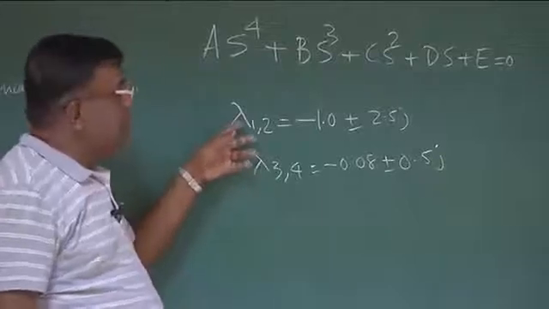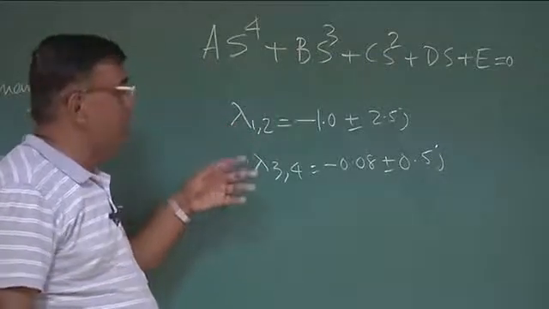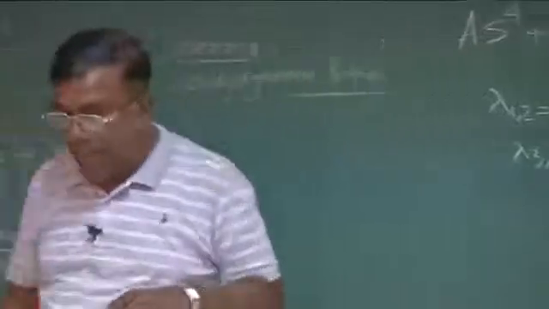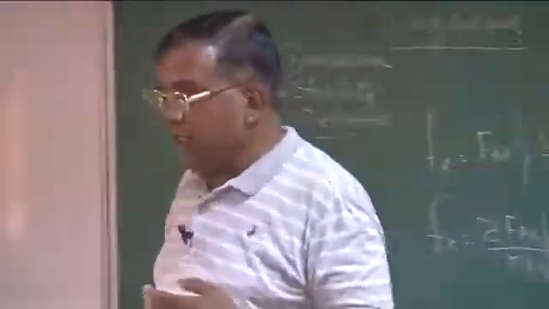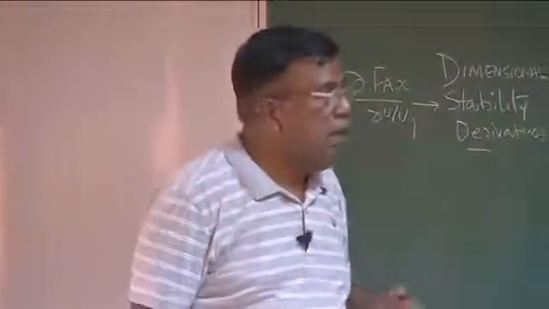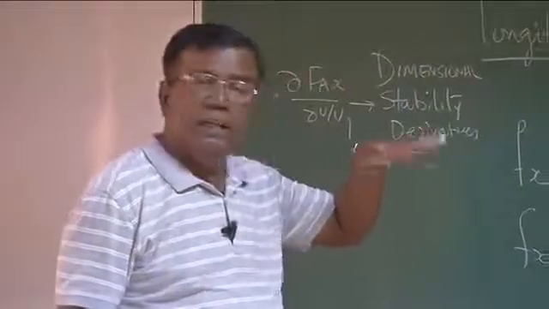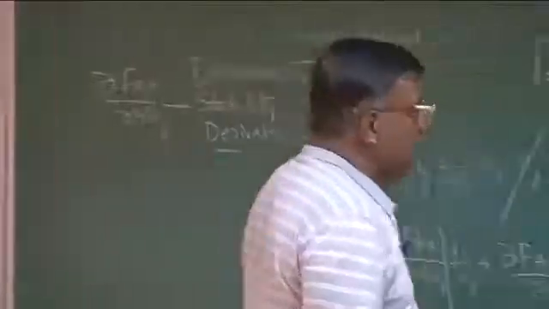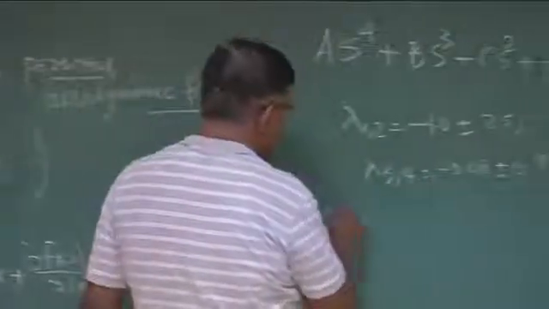That means this root tells you that the response, which I will use to characterize this transient, I find they are oscillatory in nature. Okay? One thing, they are oscillatory in nature.